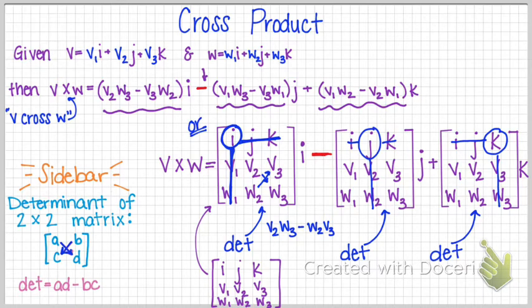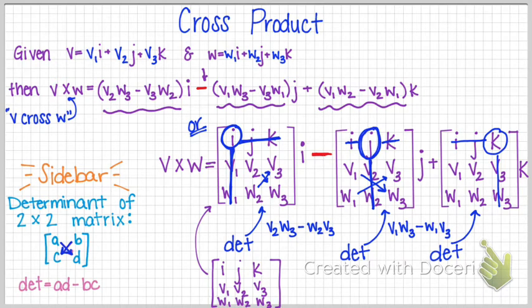When we're looking for our J term, we'll circle J, cross out the rest of the row and column that J is in, and then find the determinant of this leftover matrix. So we'll take V sub 1 times W sub 3 minus W sub 1 times V sub 3.